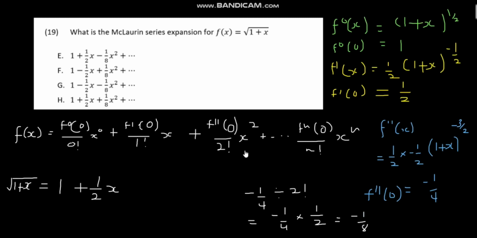So let's substitute this here: minus 1 over 8 x squared. This will continue, but because we only have 3 terms here, I decided to shorten it this way. So we have 1 plus 1 over 2x minus 1 over 8x squared. That tells us that our correct answer is option E here.